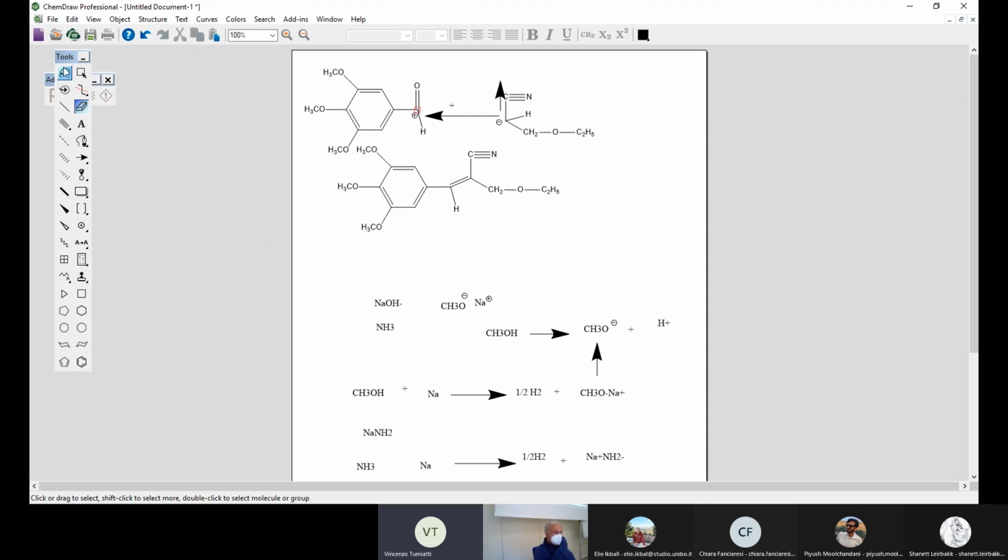Which is now the situation? We have two positive carbon atoms. The first one is in the nitrile function, and the second one is very close to the methoxy group.